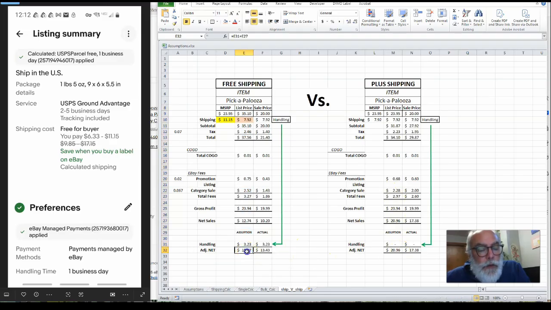We come to $15.97 for an adjusted net over here in free shipping, and our adjusted net includes $0, so we really didn't adjust it, for $20.96. So we'll do the difference between the adjusted here and the adjusted here, and we come up with an adjusted difference of $4.99.